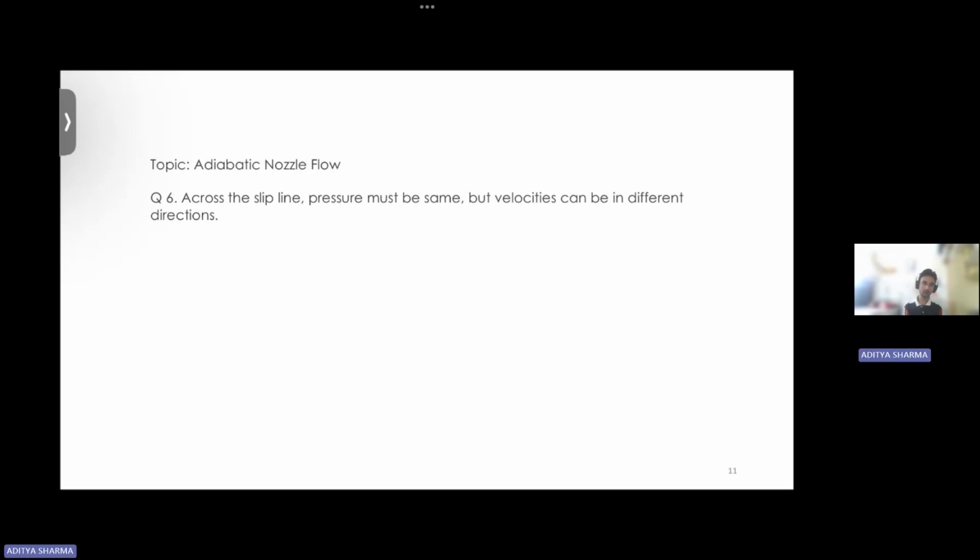Why was there a requirement to introduce this concept of slip line? Because there are entropy differences across this imaginary line, but there are also some common things across it. Even after having these common things, because there are entropy differences, we needed to define this particular thing.